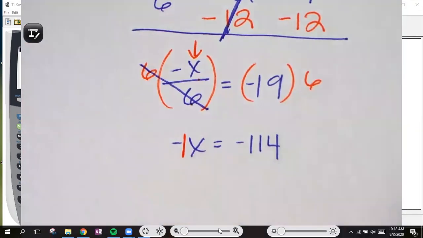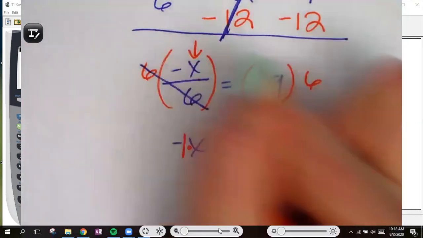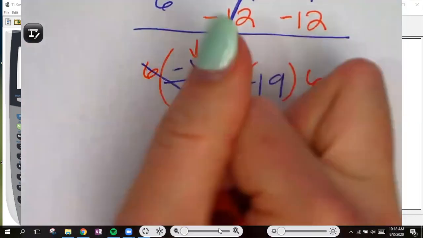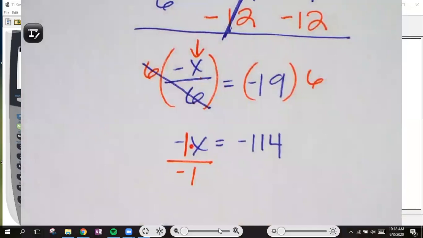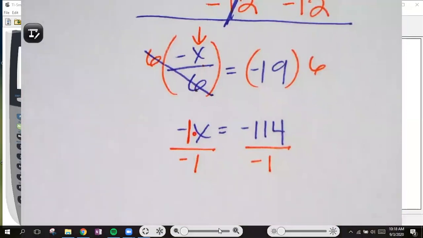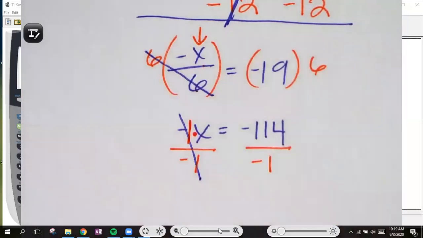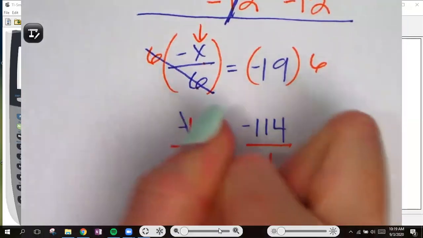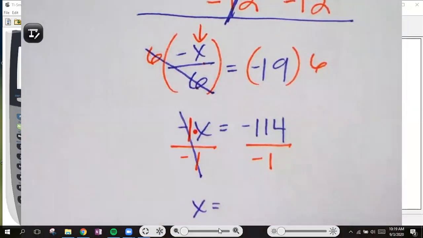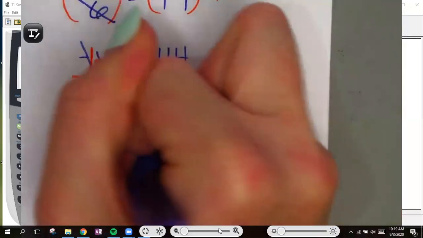That's negative 1 times x. How do we get rid of it? Divide by negative 1. If we do it to one side, we have to do it to the other side. What happens to my negative 1s? They cancel out. What's left? X. And a negative divided by a negative is a positive, and anything divided by 1 is itself.